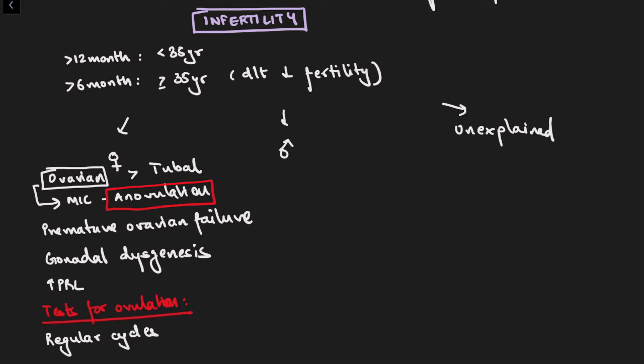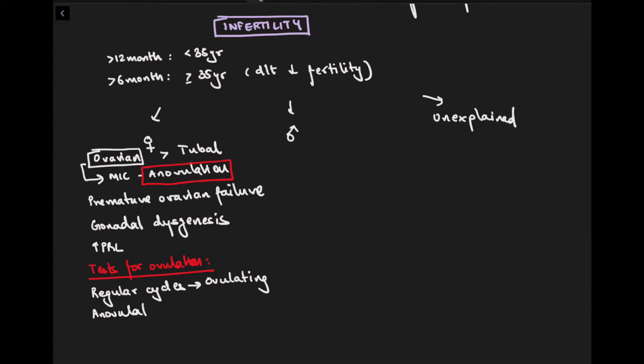So if a female has regular cycles, that is an indirect indication that the female is ovulating. Anovulating females will complain of anovulatory cycles with anovulatory bleed, that is, no corpus luteum is formed, so there will be no progesterone.